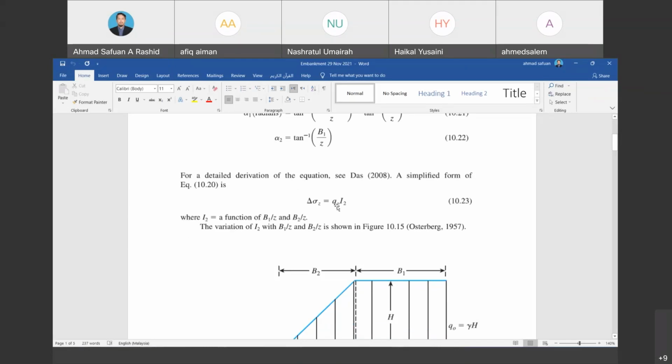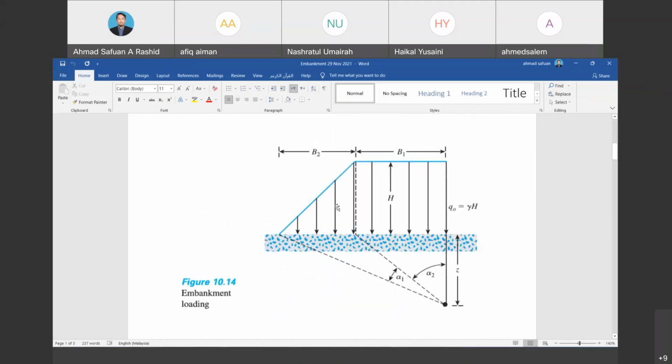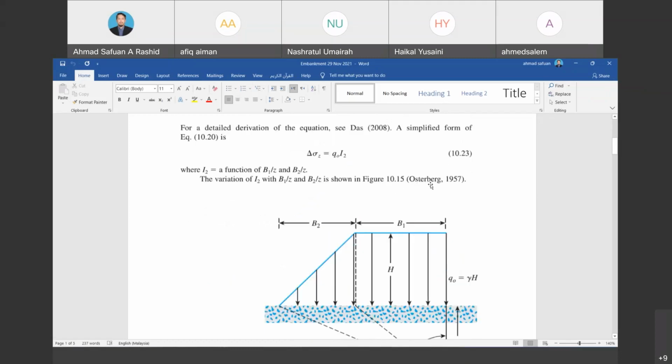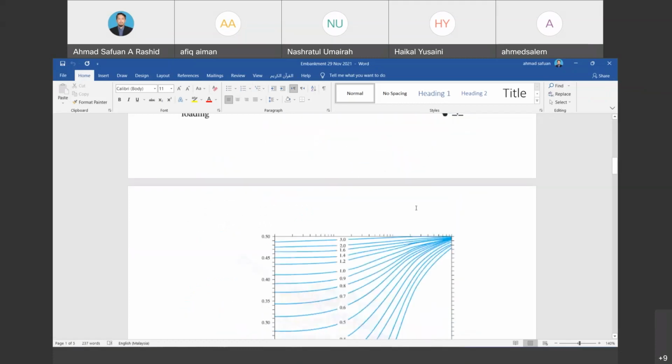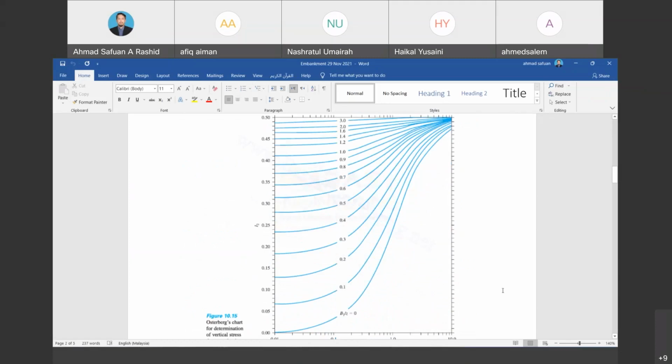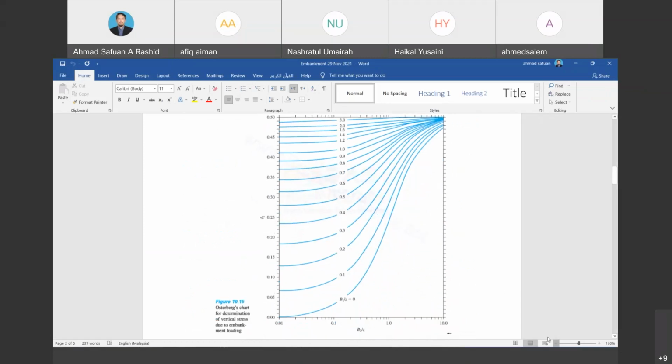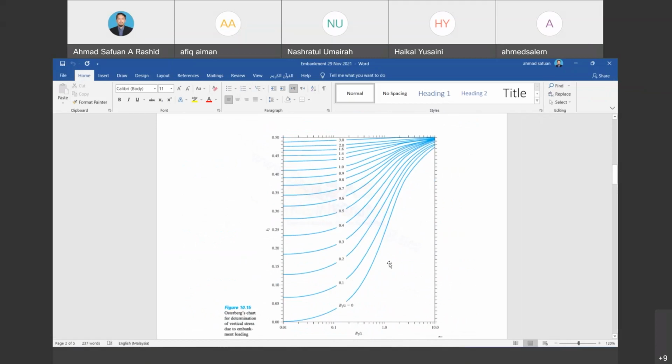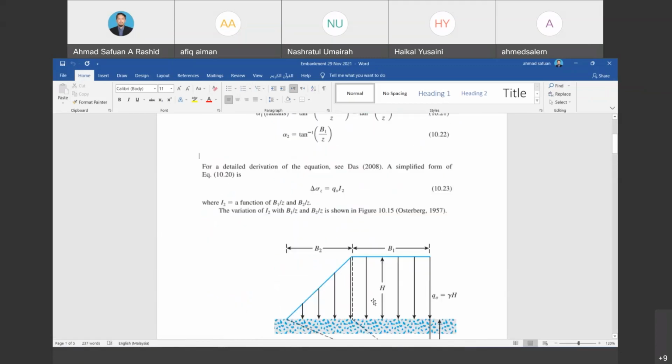They produce this kind of equation because they have a chart developed by Osterberg in 1957. I guess all of you are familiar with the normalized chart, because we have used it a lot in our previous examples. This is the Osterberg chart, where we can determine the I2.